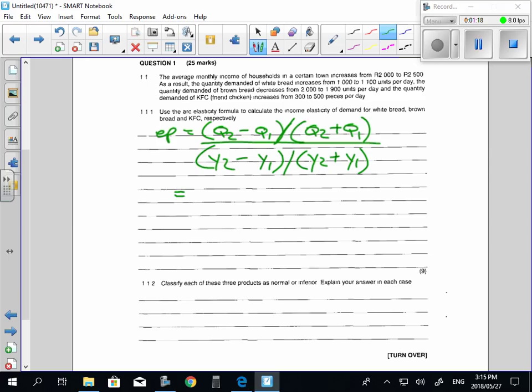All right, so start with whichever one you want, white bread. So when income increases from 2,000 to 2,500, quantity demanded of white bread increases from 1,000 to 1,100.